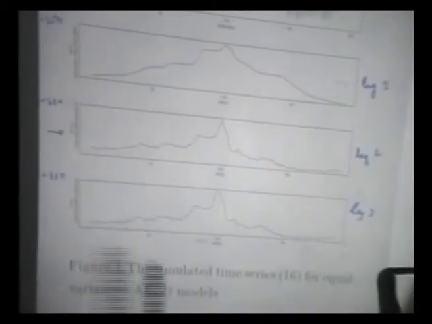This is an S-Plus output, which is difficult to get a common scale. Here is minus 350, and here's minus 310. And this lag 3 model is also close to 310, but here you see it's a little bit higher for the lag 2 model, and it picks this breakpoint right away in the middle.